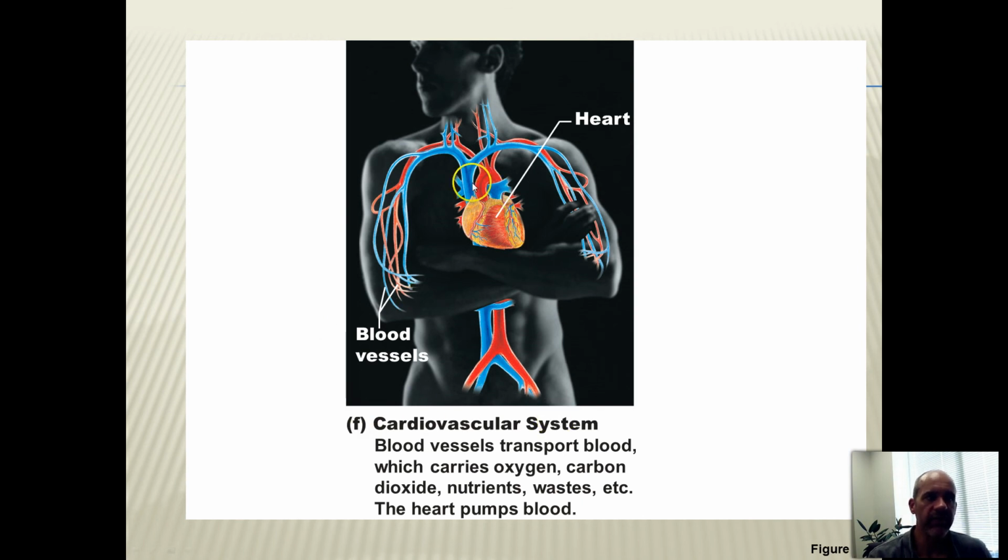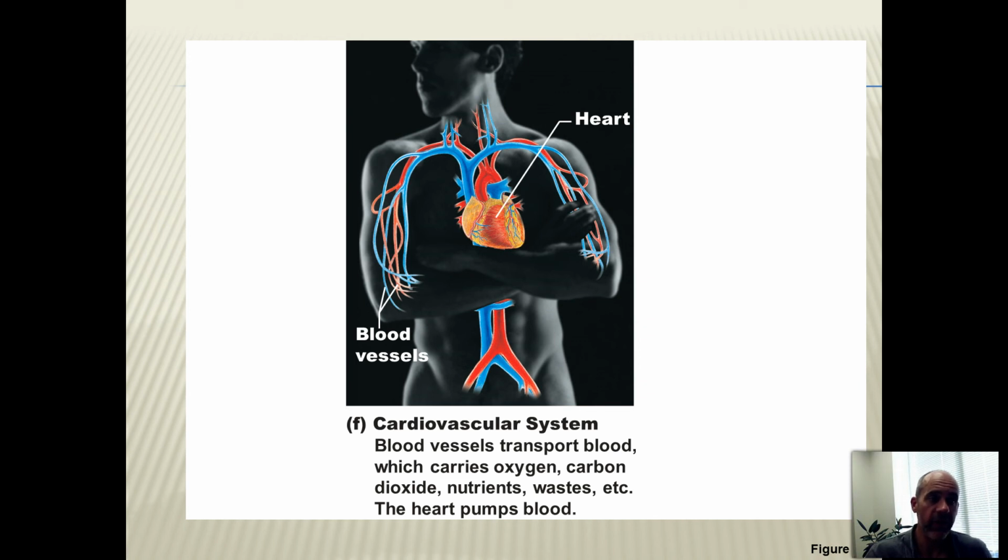Cardiovascular system consists of the heart and all of your blood vessels. The heart is responsible for pumping blood throughout the body so that it can transport. It's a transportation system. So that's something to definitely associate with your cardiovascular system. And it's bringing oxygen and nutrients to all of the cells in your body so that they have those, which are necessary for them to survive. And then it also has to take away the wastes.